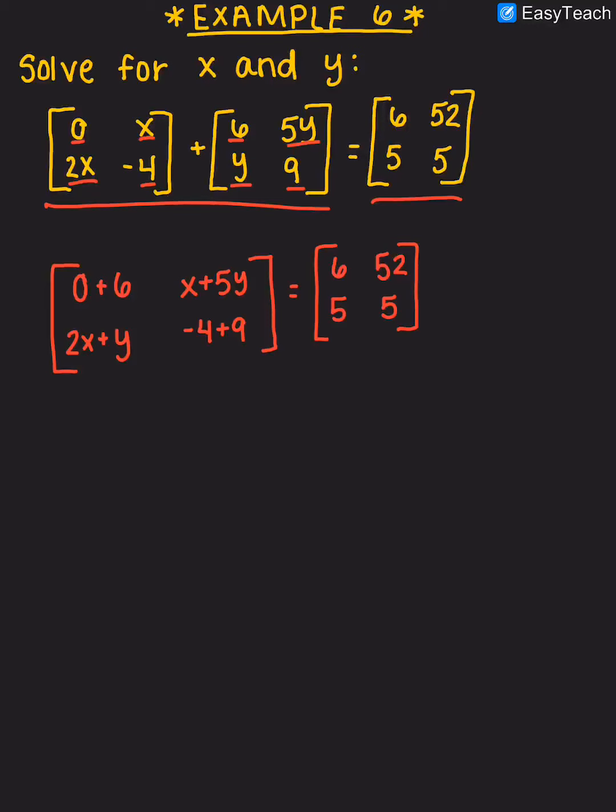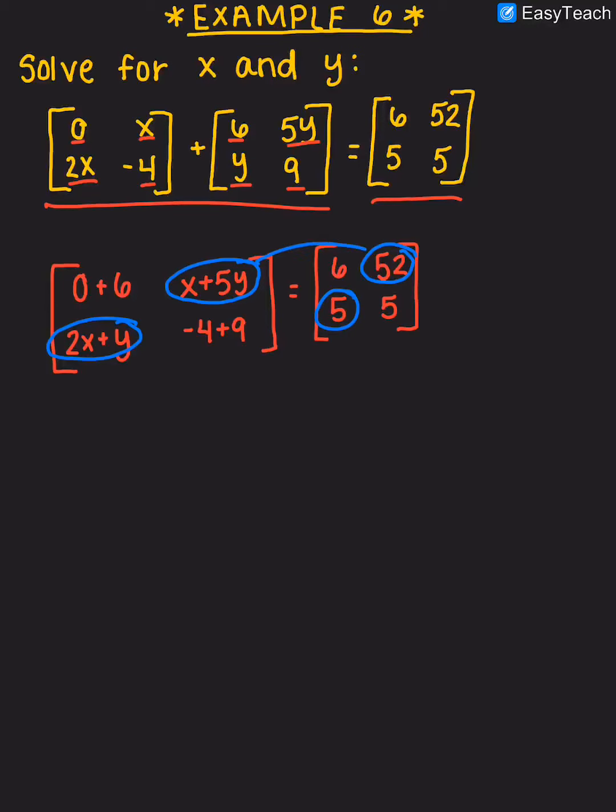What we're looking at here is that we have x plus 5y is equal to 52, because those are in the same places in these different matrices. And I know that's weird. We haven't really talked about that yet. But we can do this. Okay, so trust me. And then we have 2x plus y is equal to 5.